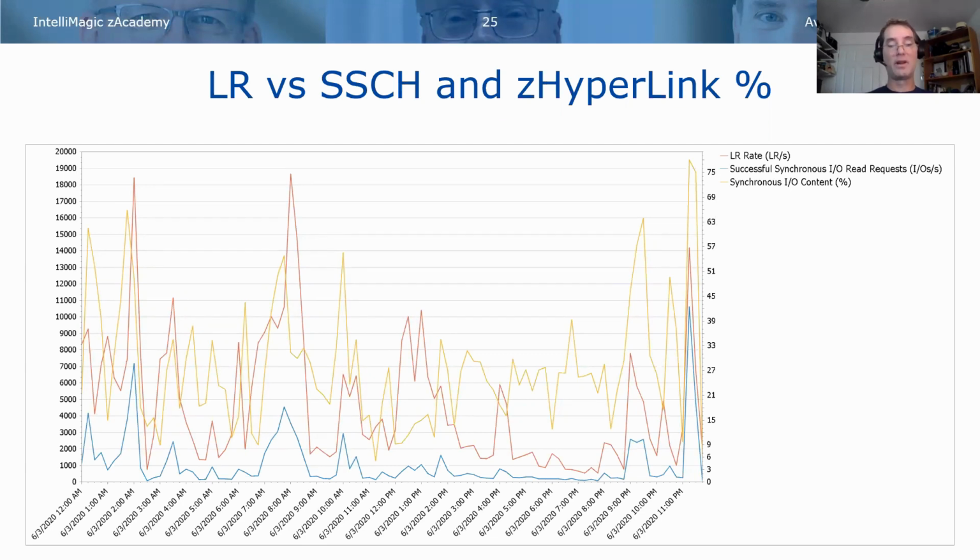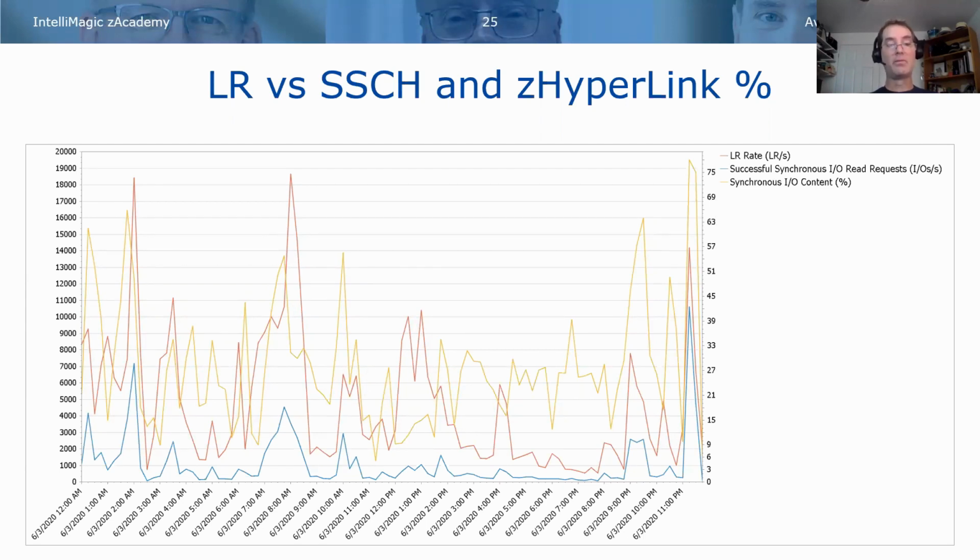I've got that traditional I/O rate value, and then I've got the sync request I/O. They are independent because, from the LPAR perspective, zHyperlink is not using the channel subsystem. It's not using channels, so I can't measure those together. Locate record within the controller, the controller says, I don't really care what LPAR this came from. I'm just counting all the I/Os that I'm managing within my box. So it includes everything.